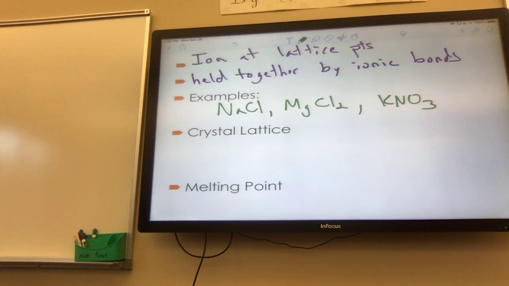And the crystal lattice, that is that positive and negative ions surround each other in a repeating pattern. Let's make that a dot, because otherwise it blends into my plus sign.